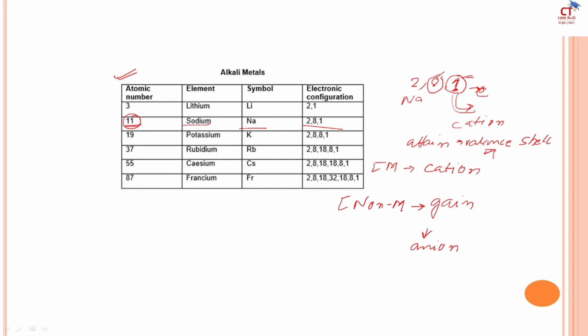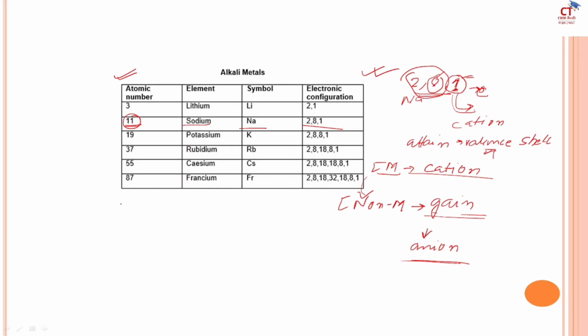So if they give it away, this becomes stable because it has a filled valence shell, and this is the tendency of all metals and non-metals to fill their valence shells. So let's recapitulate. Metals will give away electrons in the form of cations. Similarly, non-metals will gain electrons from these metals and they will form anions.